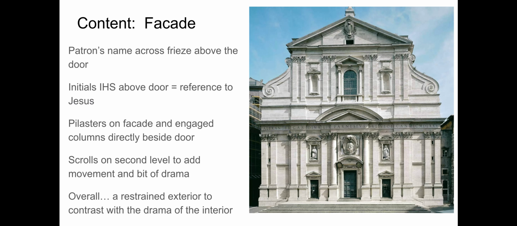So we're going to take it step by step. We're going to start with the facade. When you're looking at the front here, to me, it is incredibly Roman and Greek inspired, this classical inspiration. First of all, you have your patron's name across the frieze. So Cardinal Farnese is located in that frieze just above the first level of the church.